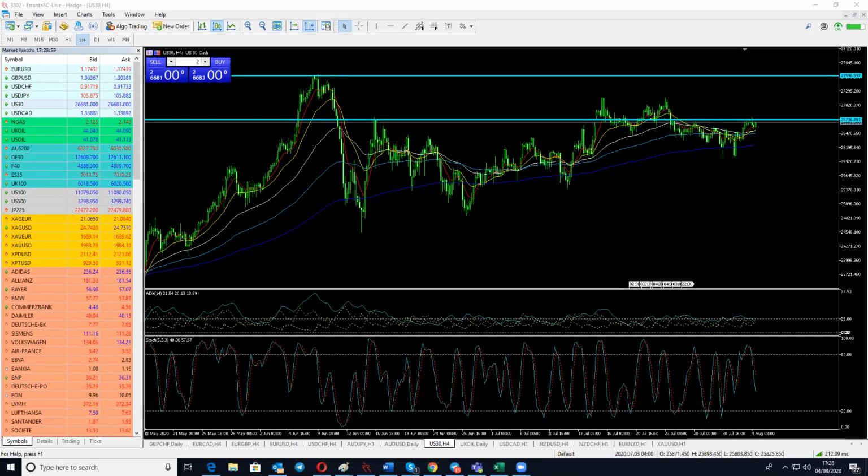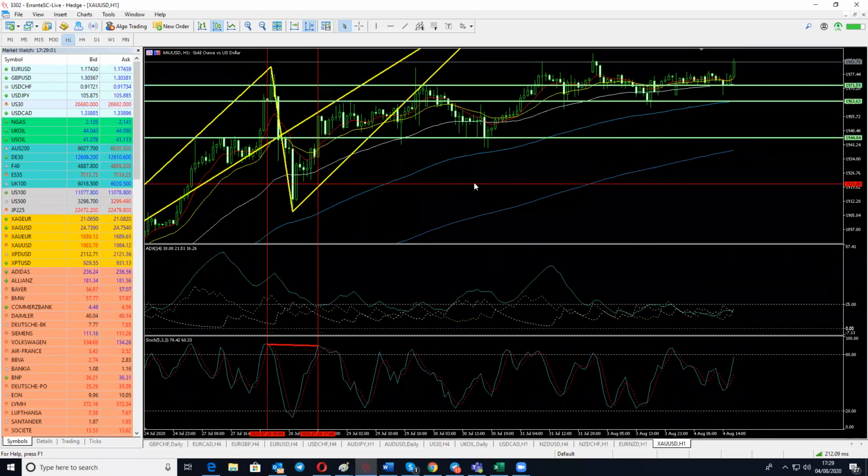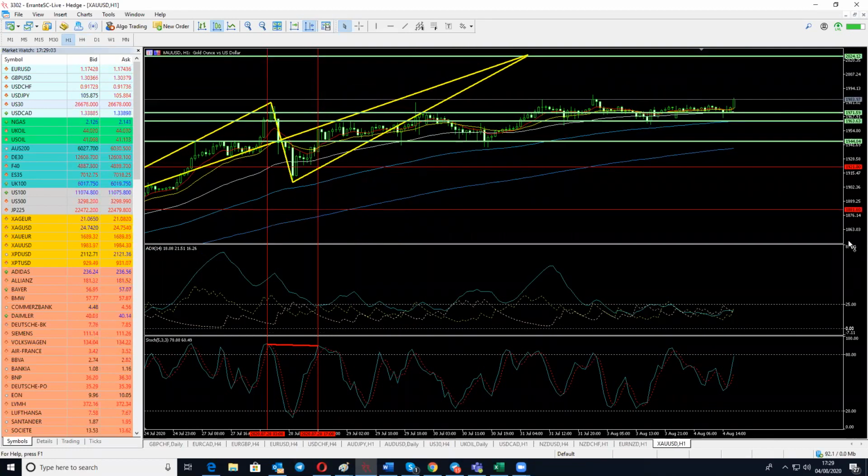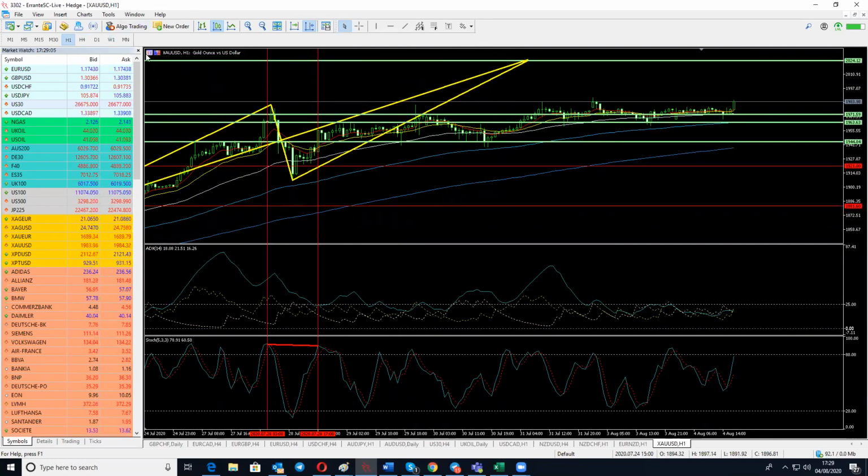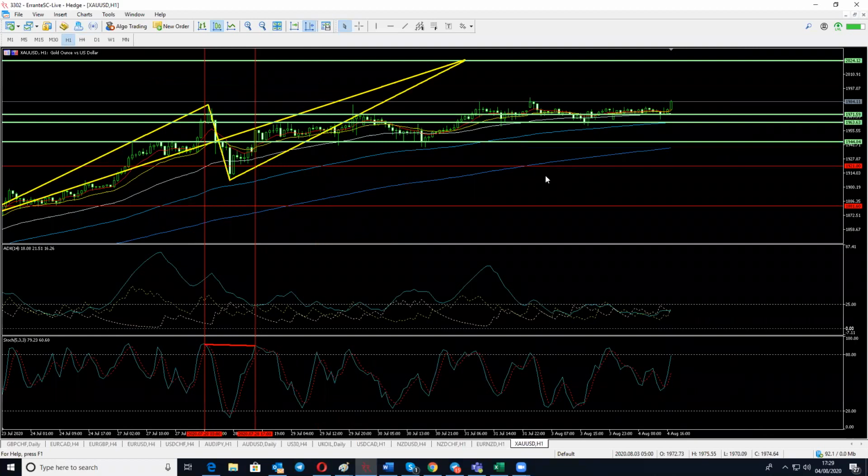Yes, of course. Let's look at gold a little bit. It started to have a little bit of bullish momentum right there. It's mainly because of the fall of the US dollar, I would think. I've not checked the news yet on the US dollar. Let me just see what's going on.